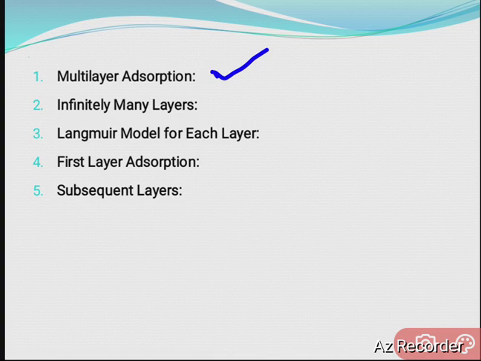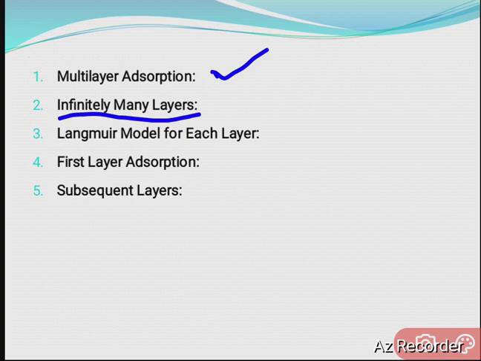The second one is infinitely many layers. The theory postulates that adsorption can occur in an infinite number of layers on the surface, either 2 or 3 or any number. So infinitely many layers can form on the surface.